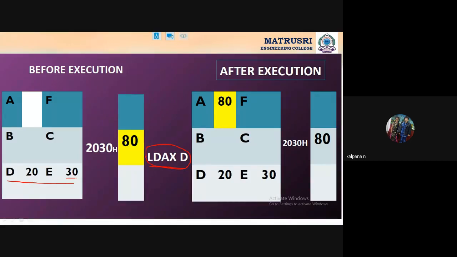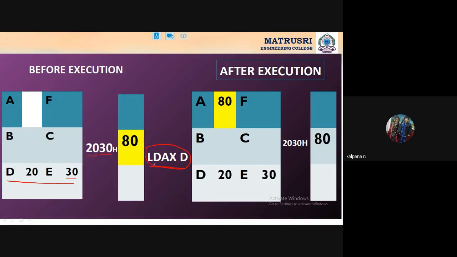E, C, L will consist of the lower address, and B, D, H will consist of the upper. For example, 20, 30: this is the lower byte. So C, E, L will consist of the lower byte address only, and B, D, H will consist of the higher byte.